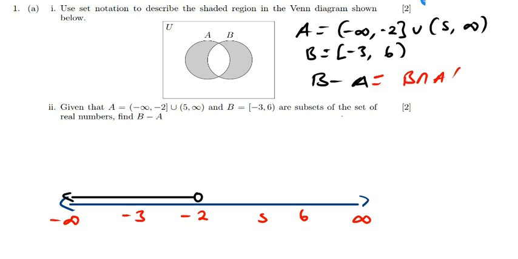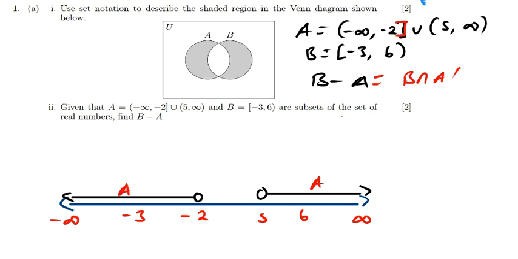Then the next one, union 5 all the way to positive infinity. So starting from 5 again all the way to positive infinity. There, that is my A. So I have to denote this to say this is my A.